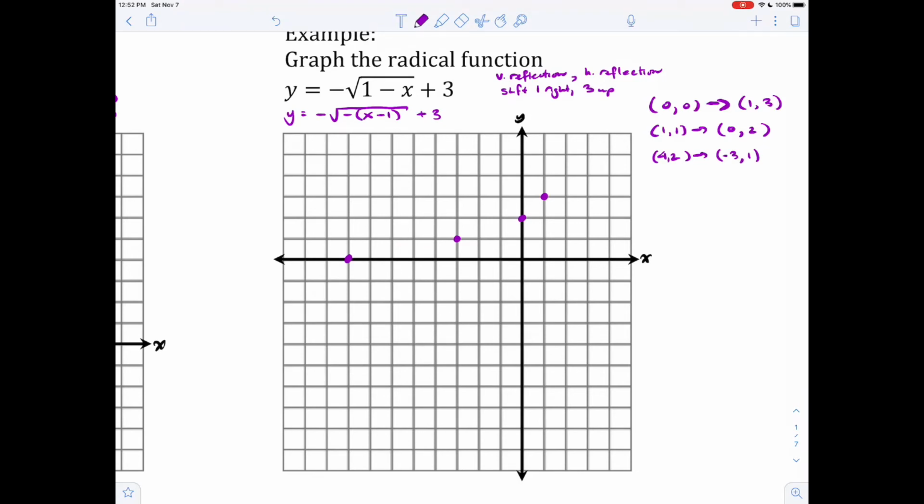And then, of course, we play connect the dots. Forgot to label my axes. That one's done.